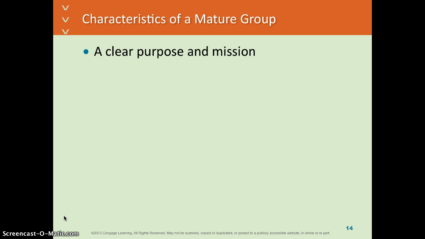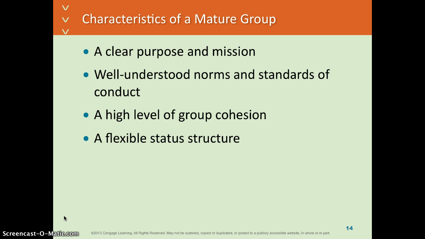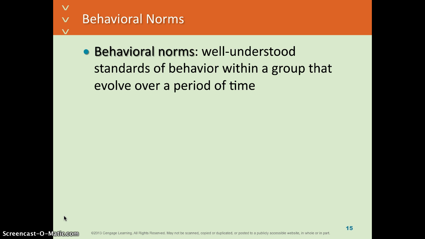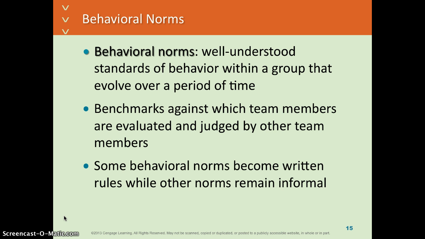This is very important. They know what the standards and norms are. High connection, flexible strata structure. If you think about behavioral norms, well understood by the group, they evolve. Some are written, some are unwritten.